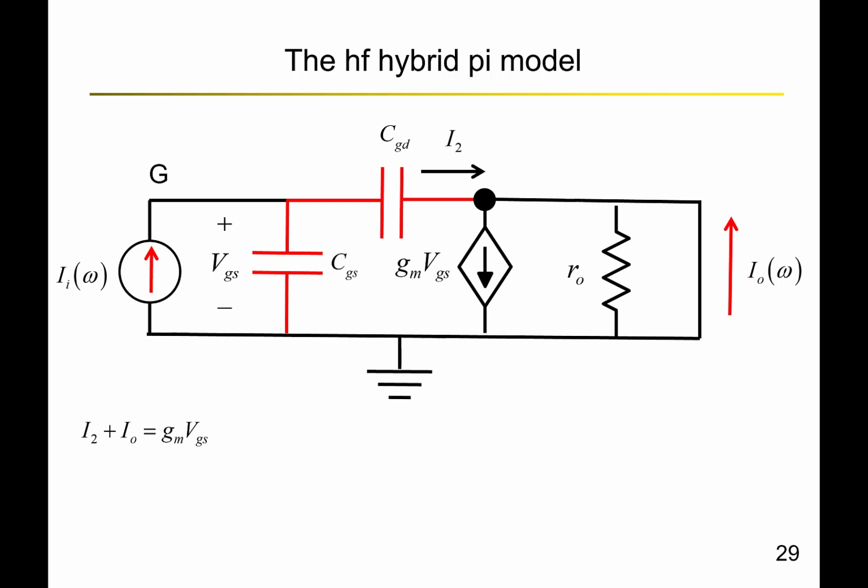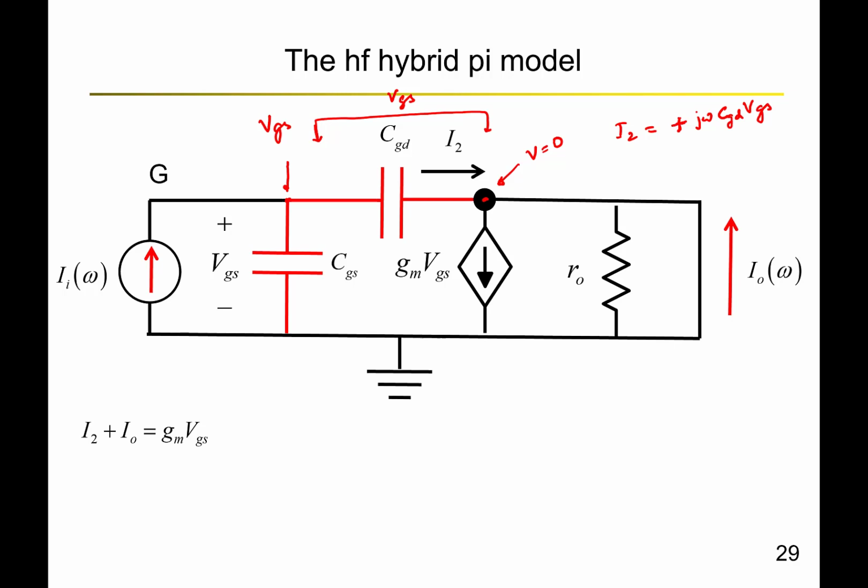Because the output is shorted, the node voltage at this node has to be 0, which means the current I2 can be written as VGS times j omega CGD. Right? So the voltage at this node is VGS. So the voltage across this capacitance has to be VGS minus 0, which is still VGS. And hence the current through it would be positive, actually, j omega CGD times VGS.